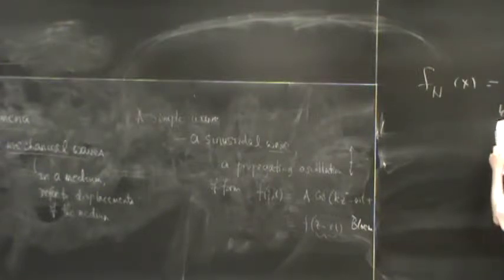This is f sub k e to the i 2 pi kx over L, and then a normalization factor. And the formula for f_k is the integral from 0 to L of f of x e to the minus i 2 pi kx over L, normalization factor, dx.